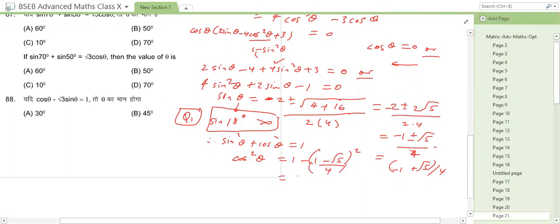So what we can say, this is 1 minus, let's say 16, I'll say 16 minus 1 minus √5 all squared, which is equal to 16 minus 1 minus 2√5 plus 5 over 16, which is equal to 16 minus 1 is 15 plus 5, which is 20 minus 2√5 over 16.